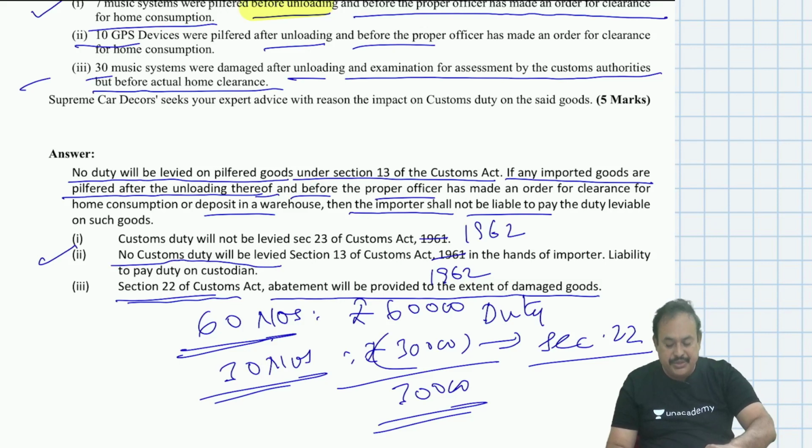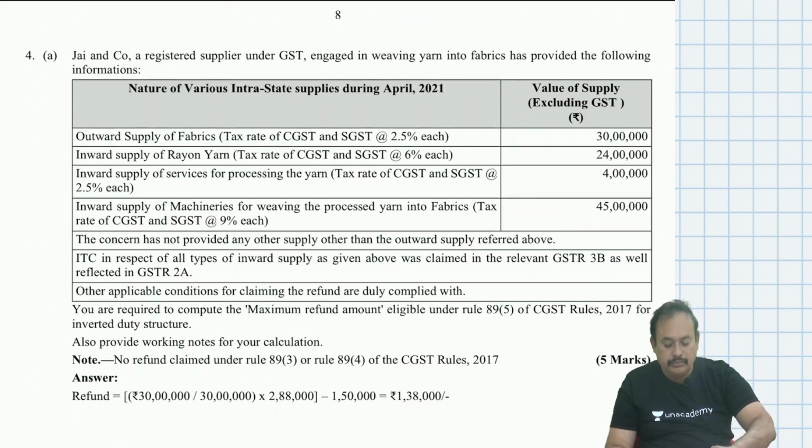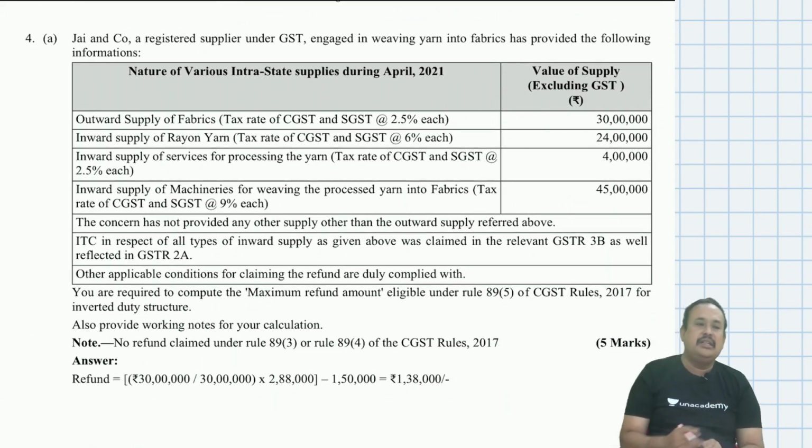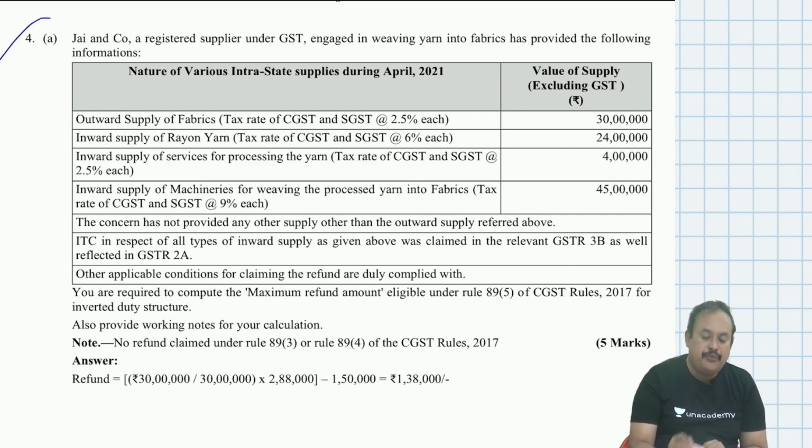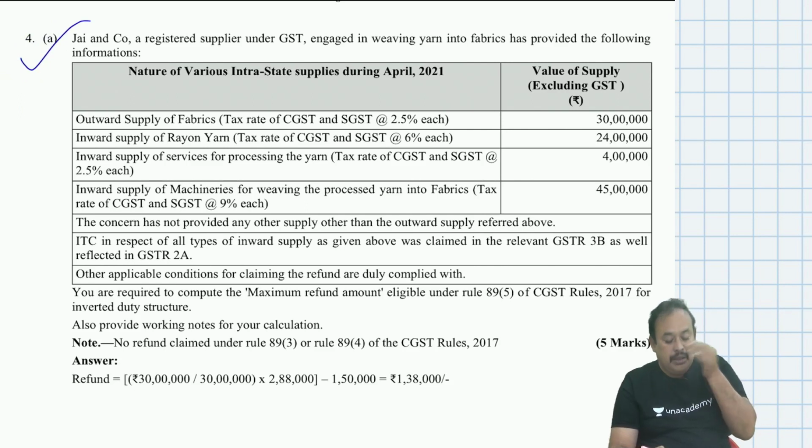Further, my dear friends, referring to you further more points here. Question number 4A, referring here as follows. Jai and Company, a registered supplier under the GST, engaged in weaving into fabrics, has provided the following information.